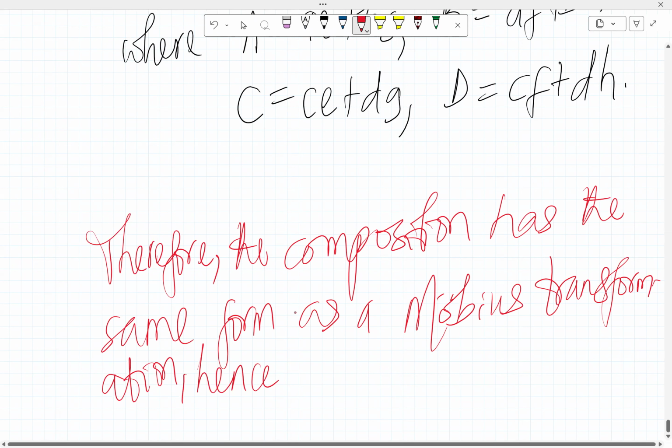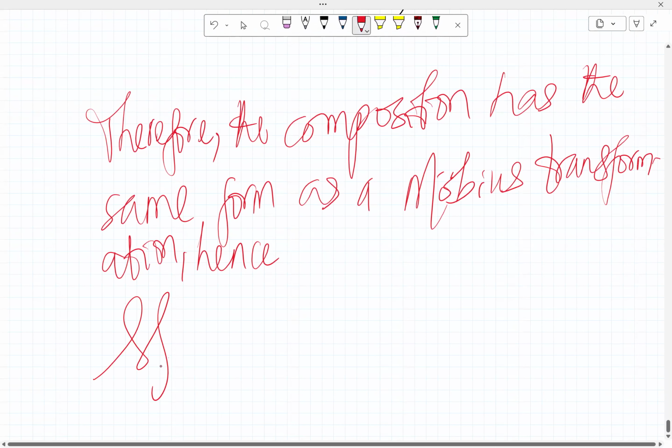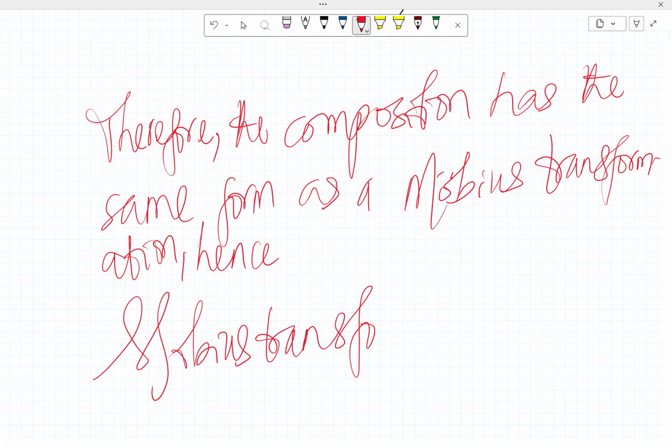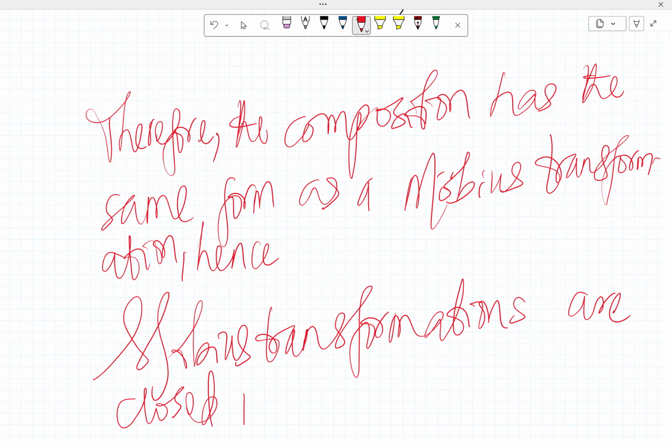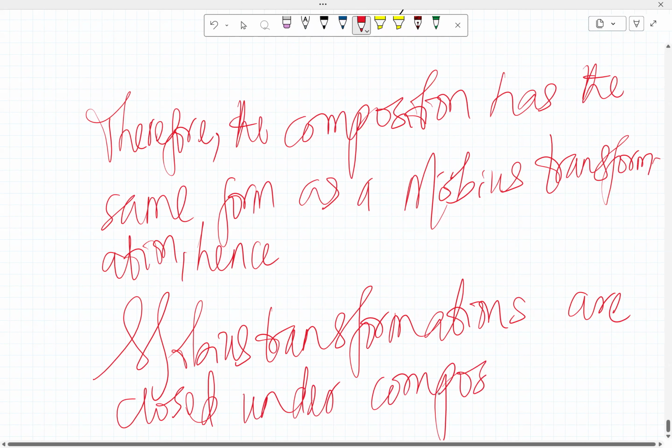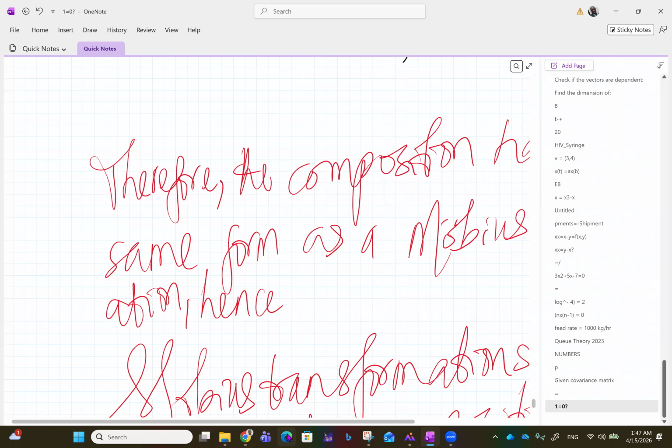Hence, we can say that Möbius transformations are closed under composition. Yeah, that's a lengthy one, but we are done with that.